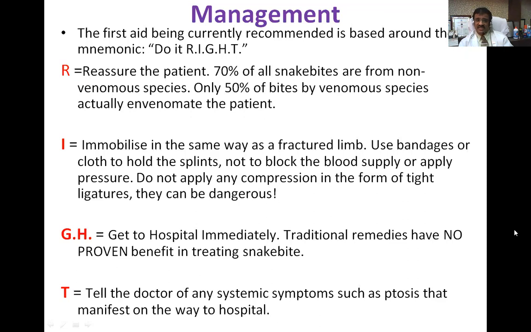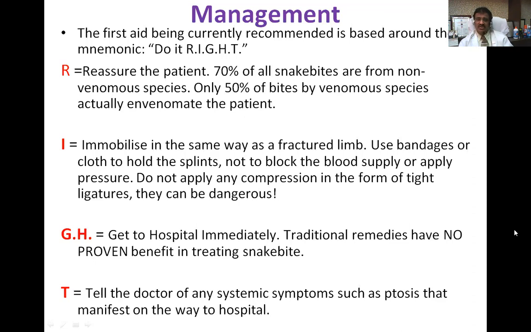I is to immobilize the patient to prevent the spread of venom in the body, as we do for a fractured limb. Here you have to apply the bandage or the tourniquet, depending upon the location of the bite. You have to take care that you are not hampering the blood supply or applying too much pressure, because that is more dangerous than the bite.